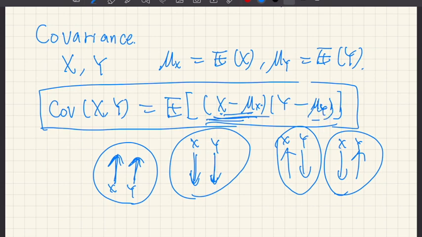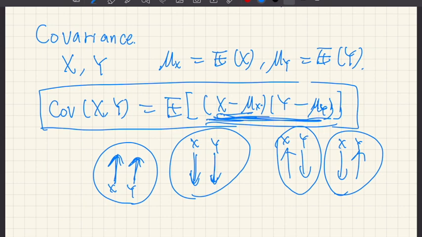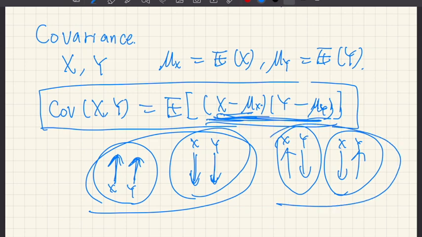So on average these products will be negative, so the covariance will be a negative value. So we say in this case x and y are positively correlated, and in this case x and y are negatively correlated.